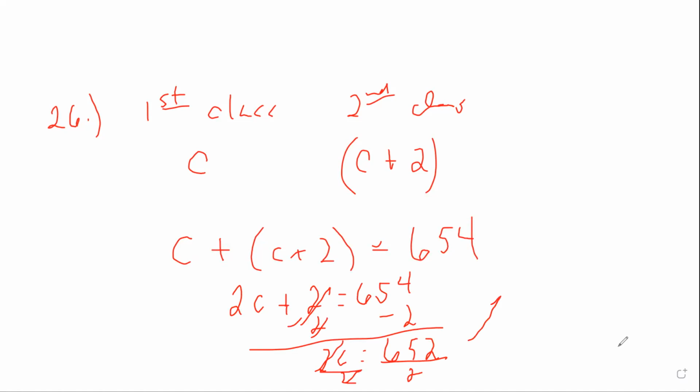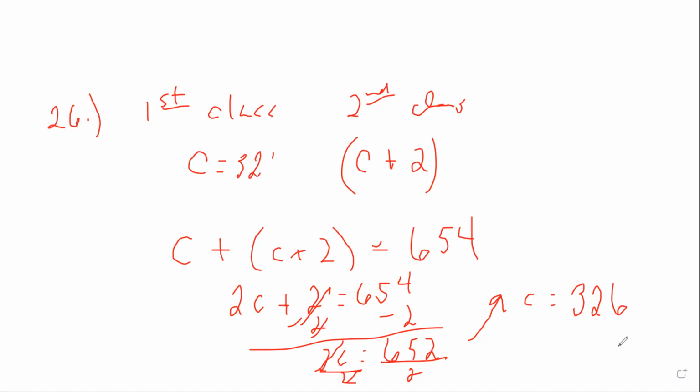So C equals, let's find out, 652 divided by 2 is 326. So my first classroom is 326.